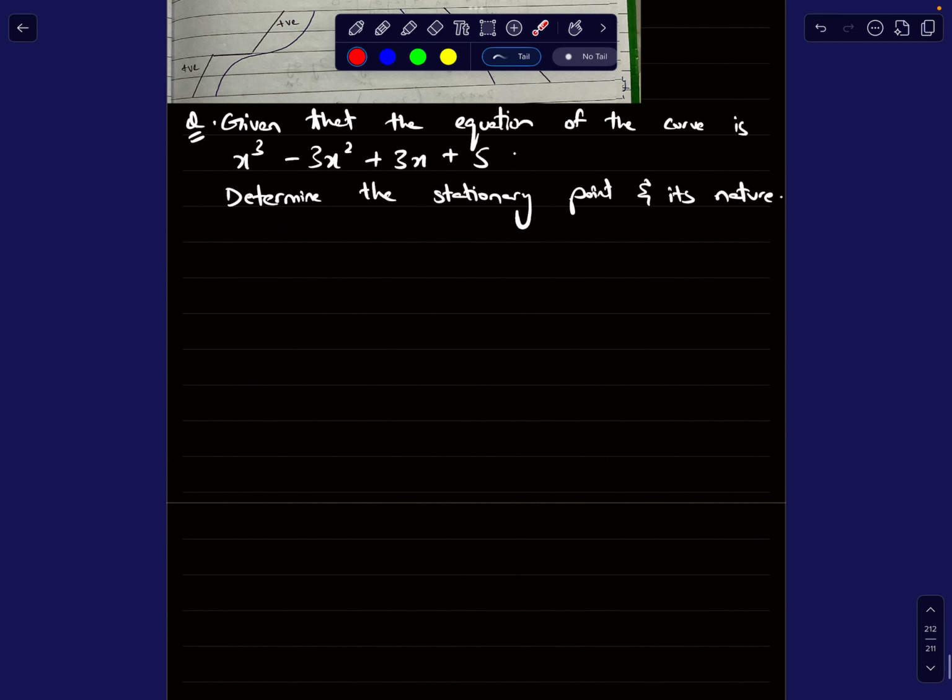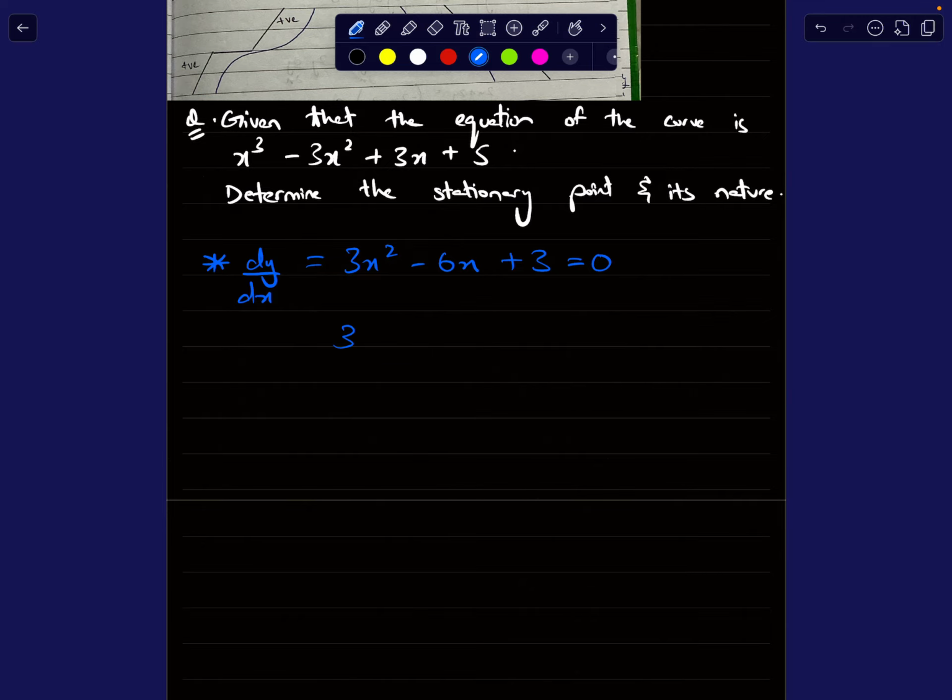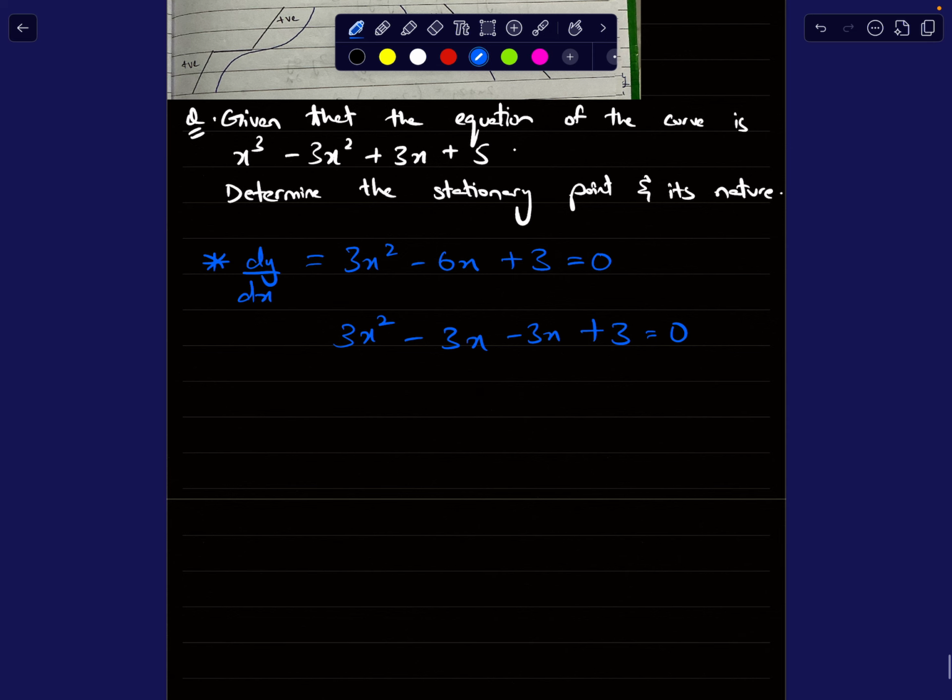So our first example, given the equation of the curve is this, and we are asked to determine the stationary point. So the first step is to find the derivative of the given equation. That is 3x squared minus 6x plus 3 and equate it to 0. We will solve this quadratically or just simply break the middle term and then factorize it.